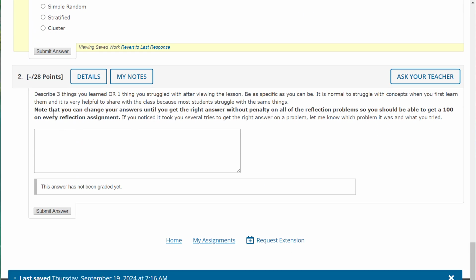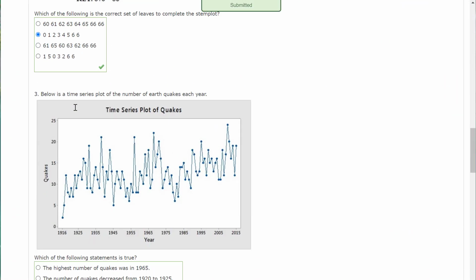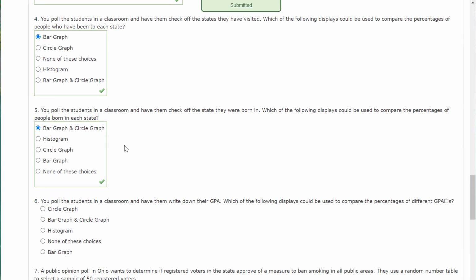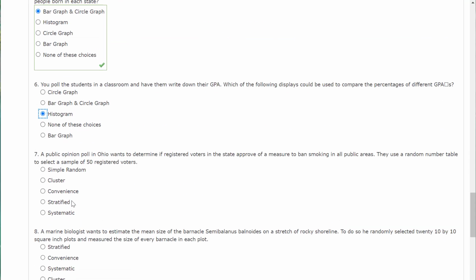So let me go ahead and submit that just so you can see both of those are working. Boom. All right. You poll the students in the classroom and have them write down their GPA. So we're doing quantitative variables. Which of the following displays could be used to compare the percentages of different GPAs? A histogram. It's the only quantitative variable.